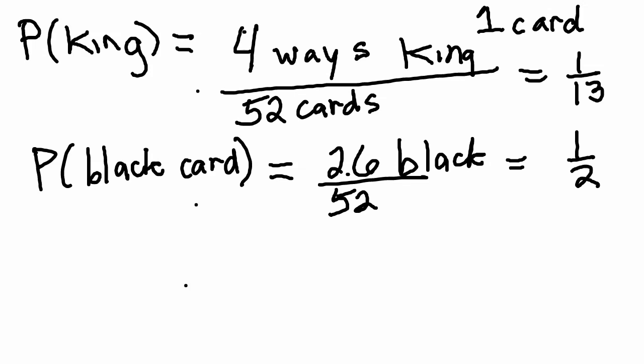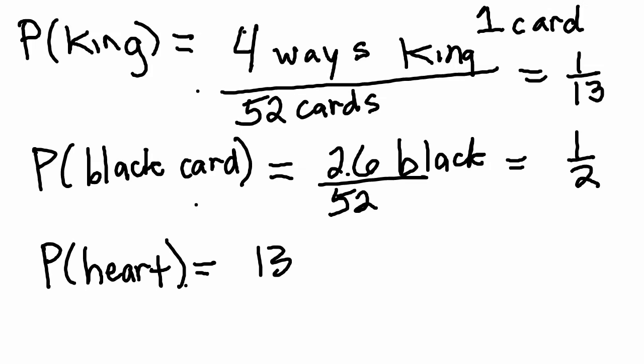And then let's just look at the probability to get a heart. Well, there's 13 ways to get a heart. Even though you're only picking one card, you have to think about the number of ways that you can get that heart.